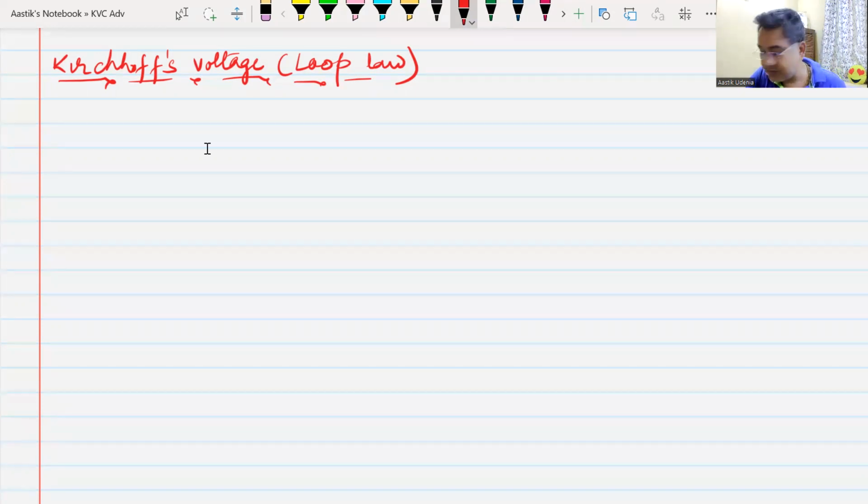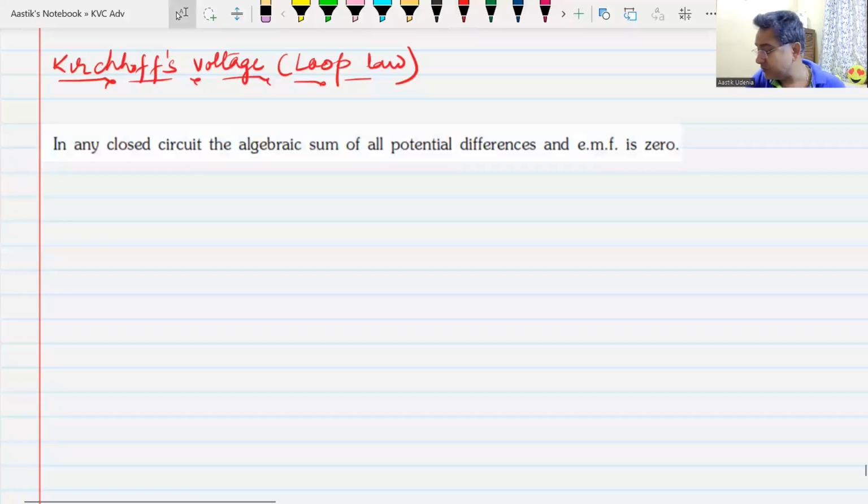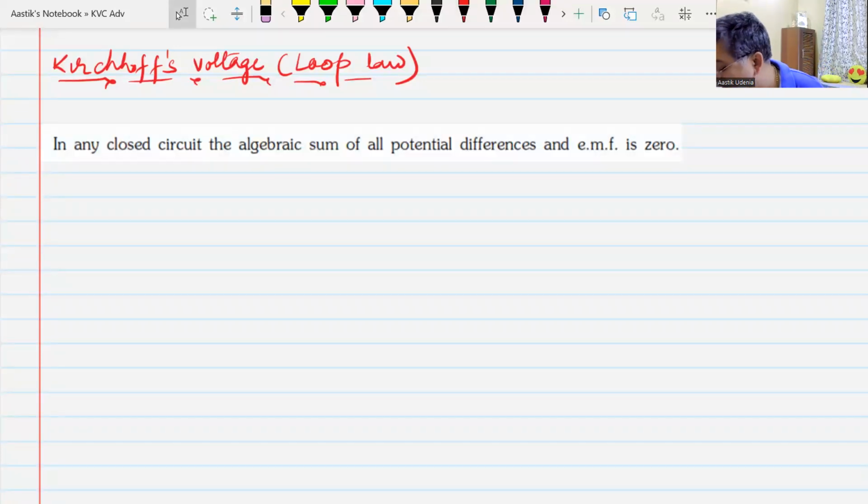So Kirchhoff's voltage law, or Kirchhoff's loop law, states that the algebraic sum of all potential drops and all EMFs in a circuit closed loop is zero.